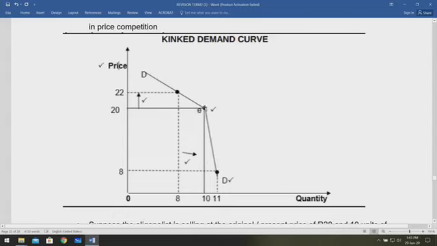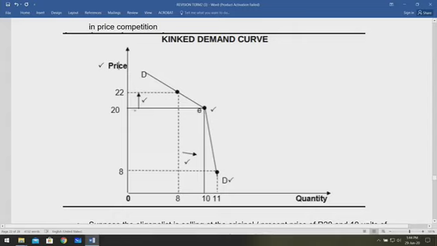Now you see what happens if this business decides to increase the price to 22 Rand, the quantity is going to drop to 8. So obviously he thinks by selling for more he's going to earn more money. But if you look, 20 times 10 gives you 200, whereas if you take 22 times 8, I did the calculation earlier, it's 176.